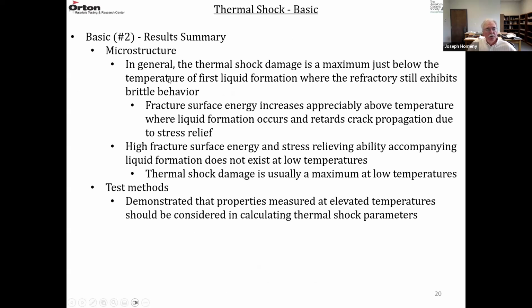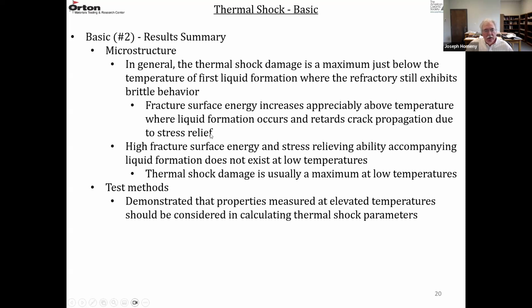So they concluded from this work, in general, the thermal shock, I guess I pretty much went over this, but I'll do it again. The thermal shock damage is a maximum just below the temperature where the first liquid forms. So the refractory material is still brittle. And then fracture surface energy tends to increase above the temperature where the liquid forms, because the liquid retards crack propagation due to stress relief.